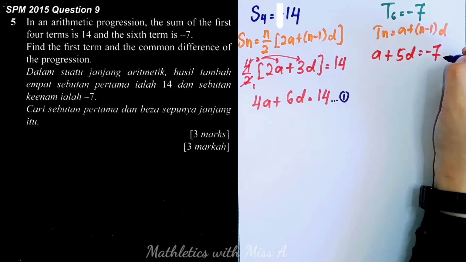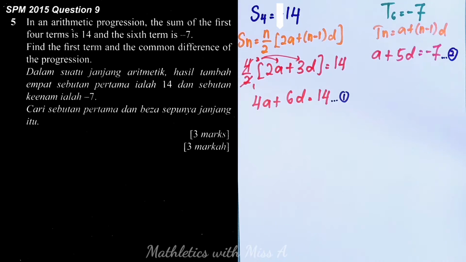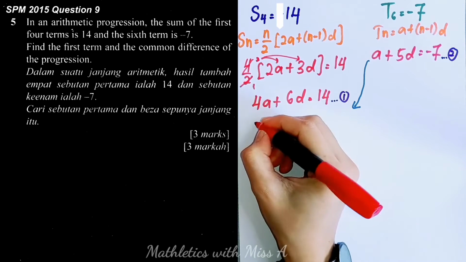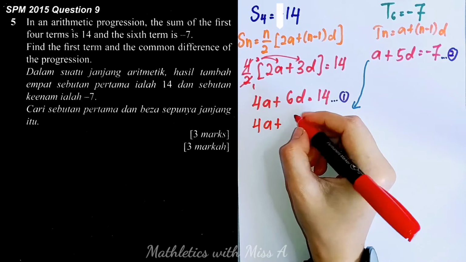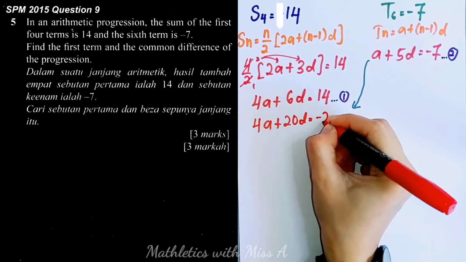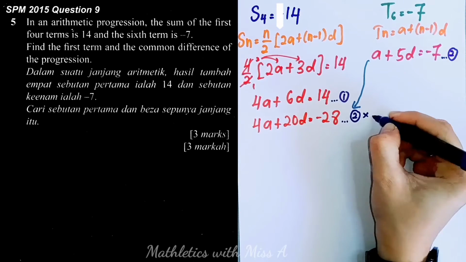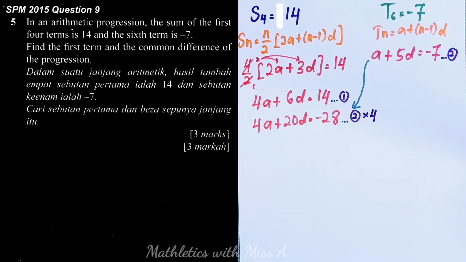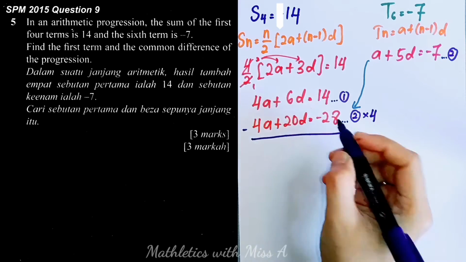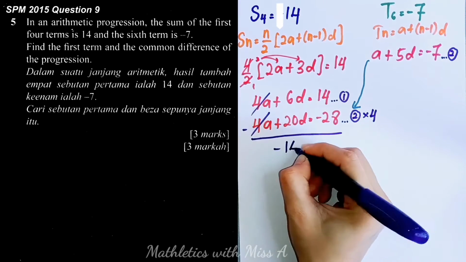So we have two equations, and we want to use the elimination method. So the second equation we times 4, so it becomes 4a plus 20d equals negative 28. So by elimination, eliminate a.